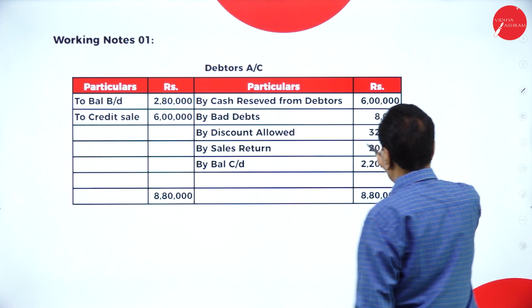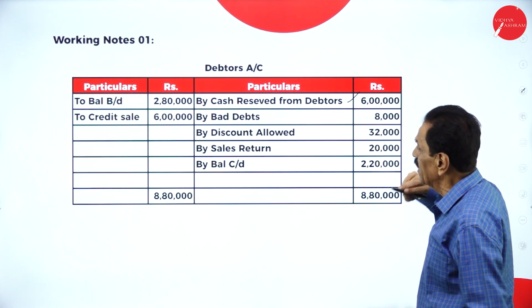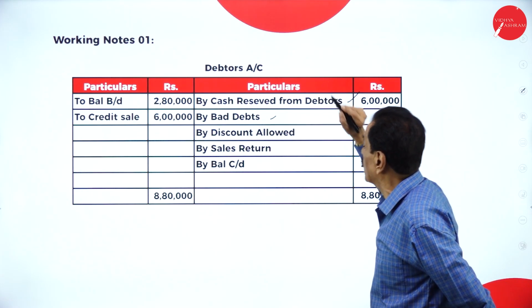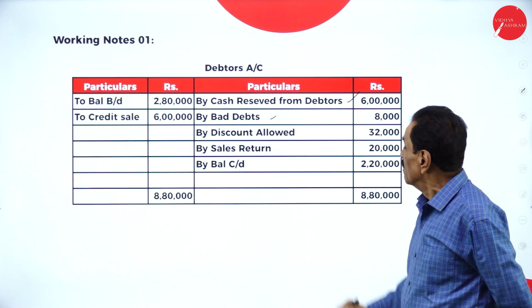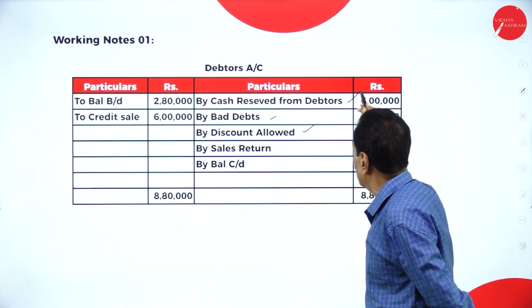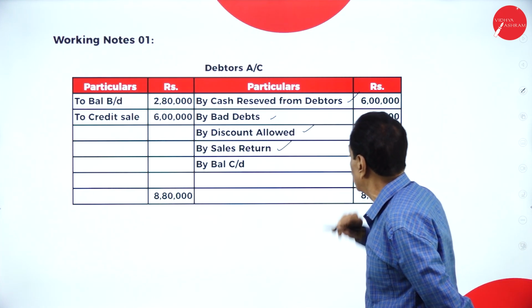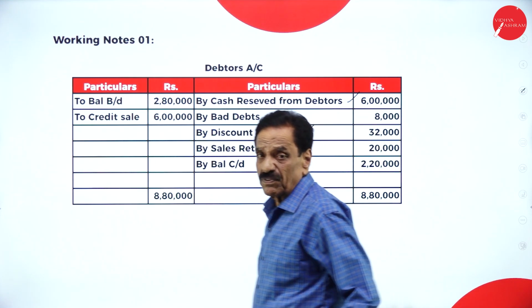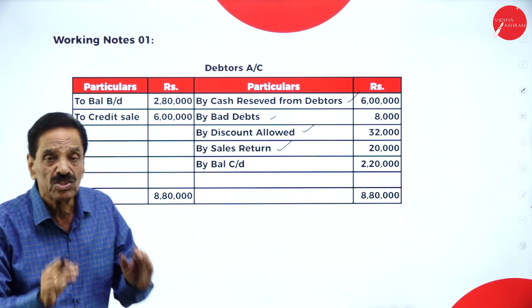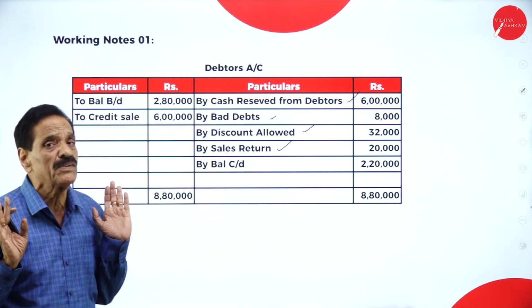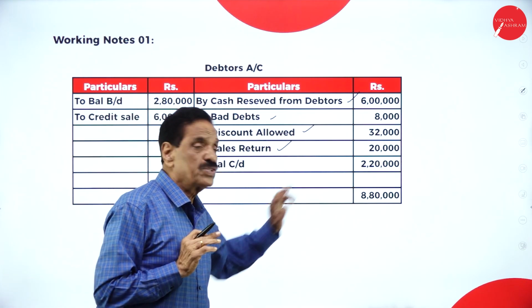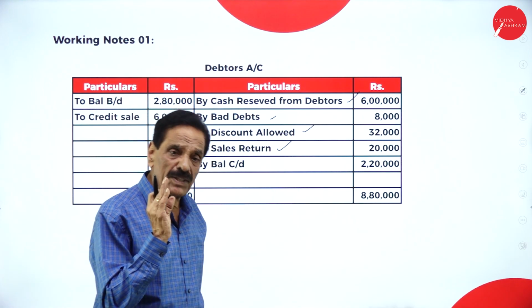Out of that, we collected 6 lakh. Bad debt, meaning irrecoverable money, is 8,000. We allowed a discount of 32,000. There was a sales return of 20,000. The difference is 2,20,000 still to be collected from our debtor. It is called closing debtor.